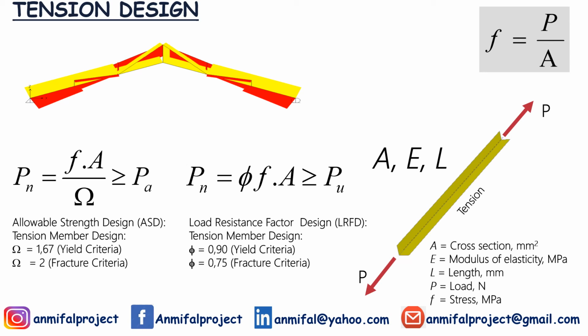The nominal load should be larger than the actual load for allowable strength design. On the other hand, the nominal load is larger than the factored load for load resistance factor design.